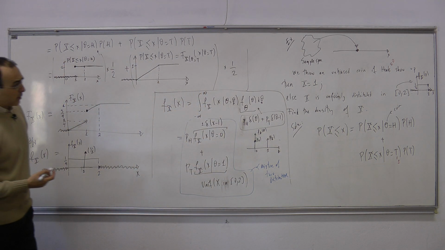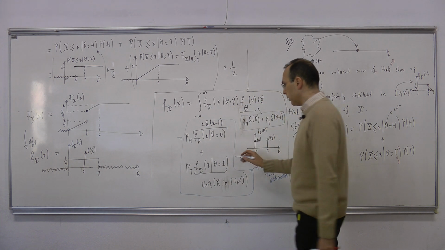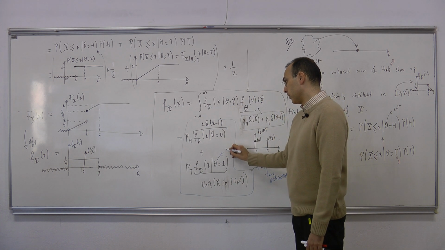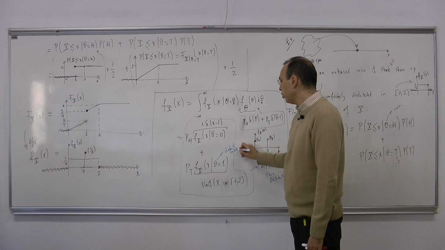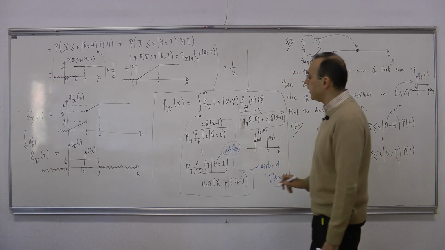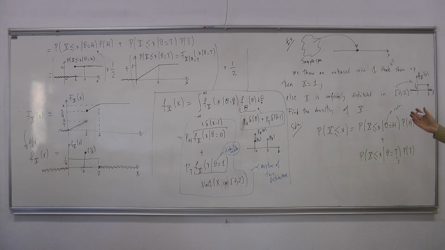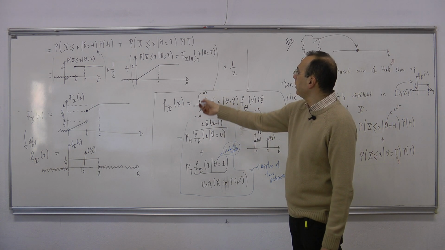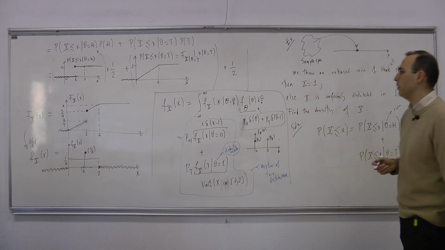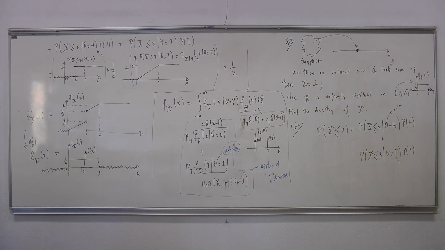And theta, in many cases, is called a latent variable. So you don't observe this. This is a hidden variable of this problem. So we are integrating out over all possibilities for the latent variable. Okay, that is it for this calculation.